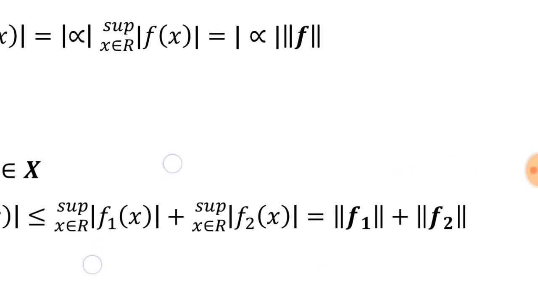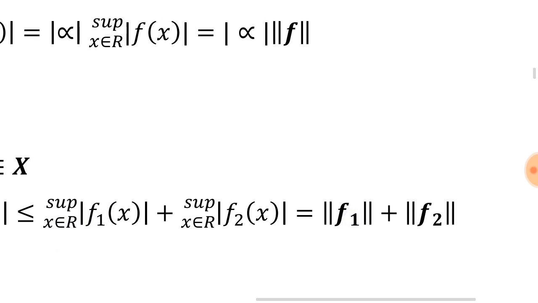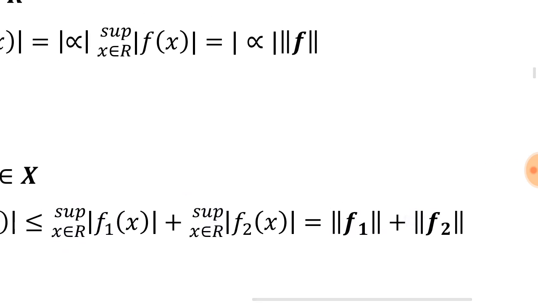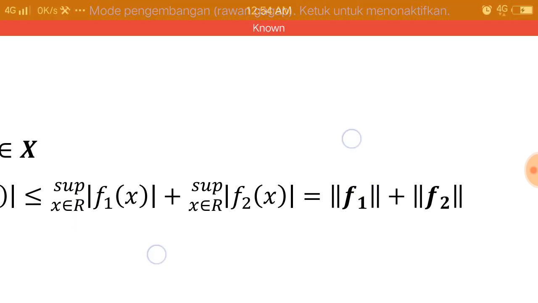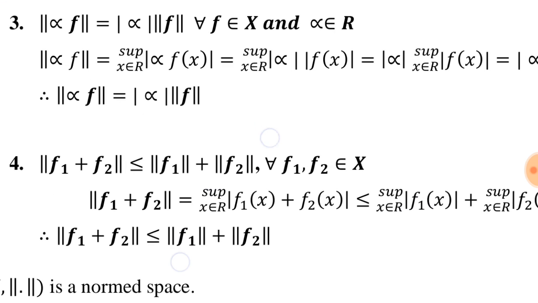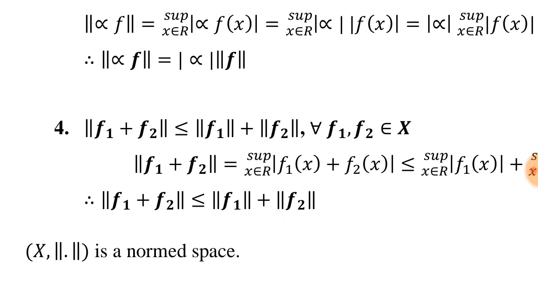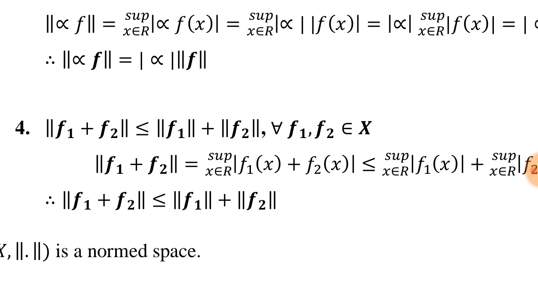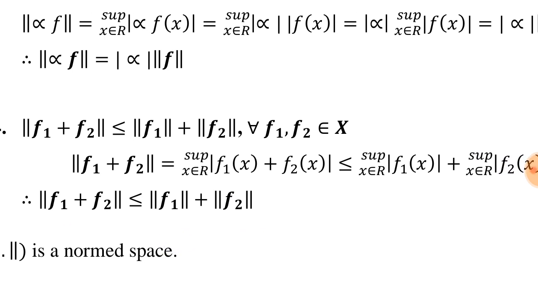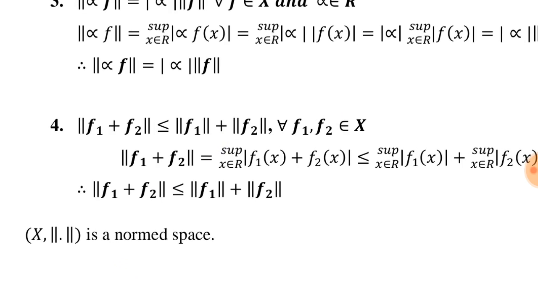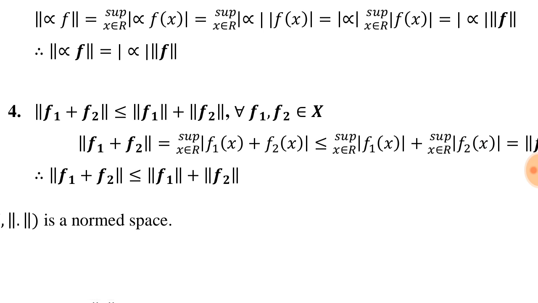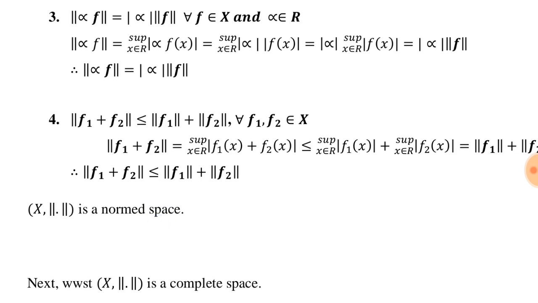As you can see here, this equals the norm of f sub 1 and this equals the norm of f sub 2. So this equals the norm of f sub 1 plus the norm of f sub 2. Therefore, the norm of f sub 1 plus f sub 2 is less than or equal to the norm of f sub 1 plus the norm of f sub 2. Since this space satisfies all four conditions, this is a normed space. So we have proved that this is a normed space.